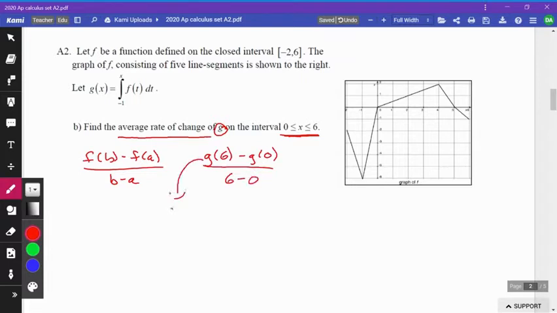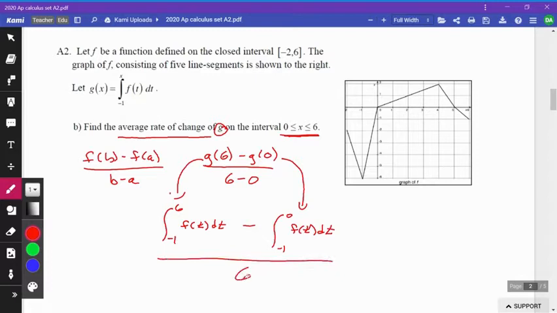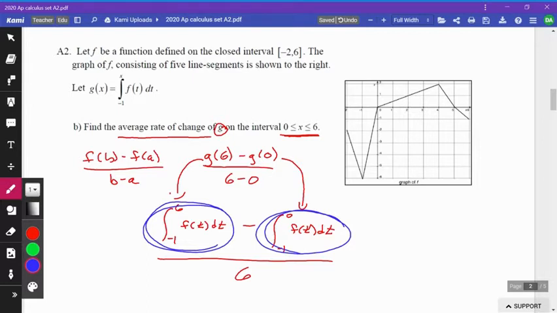G of 6 is the integral from -1 to 6 of f of t dt. G of 0 is the integral from -1 to 0 of f of t dt. Subtracting those, all over 6. So I'm going to calculate the area under the curve for this, the area under the curve for this, and then divide by 6, and that will be my average rate of change.